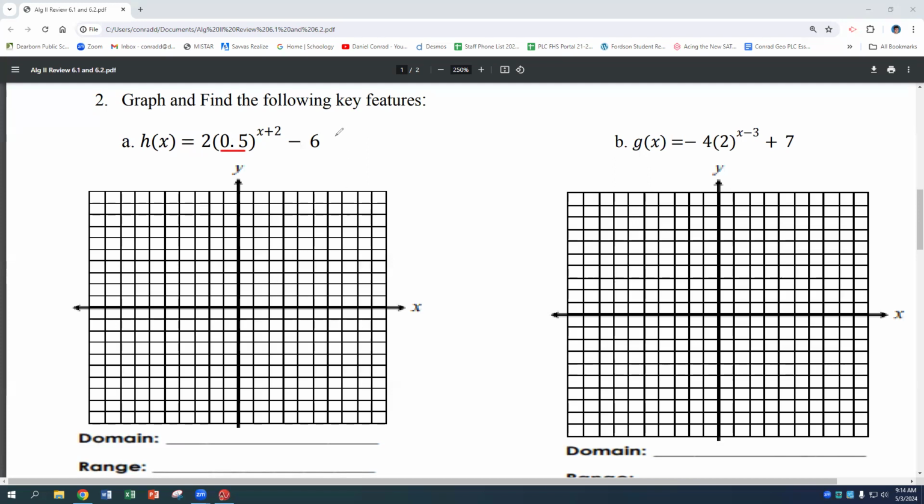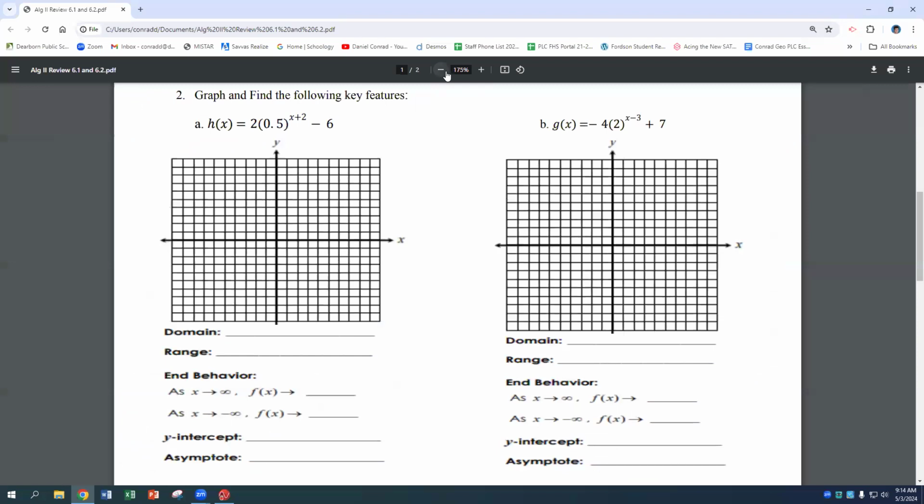First thing we're going to do is look for a k value, and we do have a k value. This means my asymptote is going to be, and maybe I should fill this in as we go, might be smart. Let me see if I can zoom out. Yep. Okay, so our asymptote is going to be y equals -6.